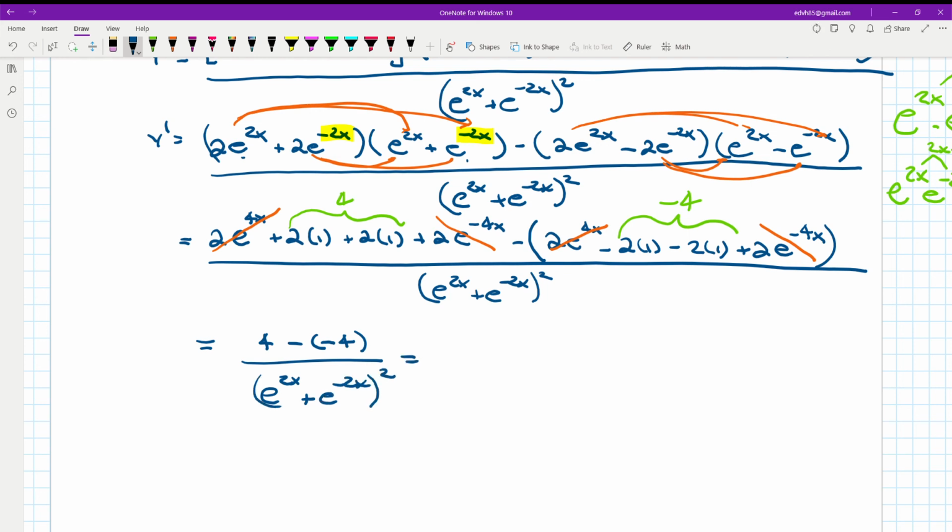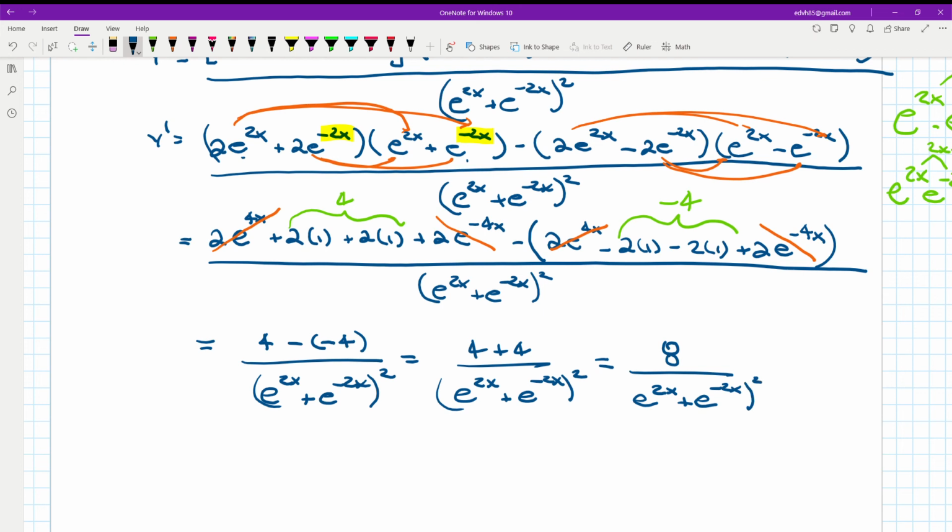This becomes 4 plus 4, which is an 8 over e to the 2x plus e to the negative 2x quantity squared. And that's the final answer for this exercise.